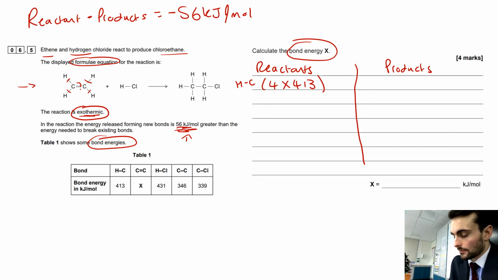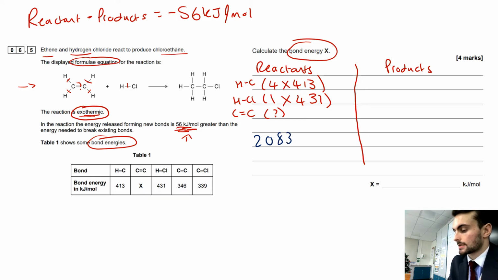And then we've got the H-Cl bond. How many have we got? Just 1. So 1 times 431 for those. And then for the C double bond C, that's the one we're trying to work out. We don't know what that is. So on this reactant side, I'll do it in a different colour to make it obvious. You do the total of what you've got so far, 2083, you put those in your calculator, and something. And we're trying to work out what that something is.